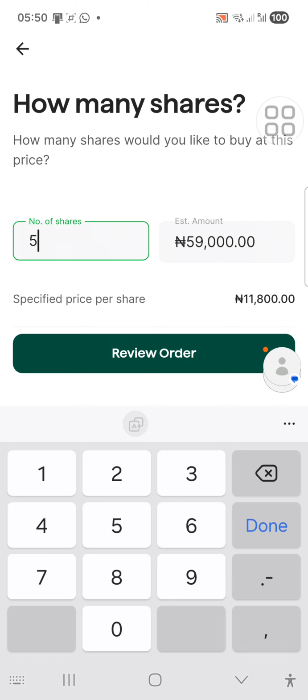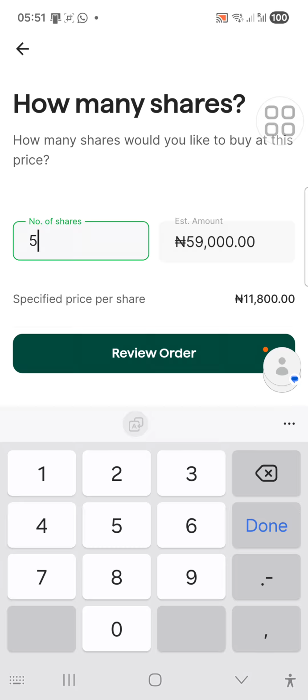And then it tells you that the estimated amount for 5 units of Seplat share is 59,000 naira at the rate of 11,800 per share. So if you buy at 11,800 naira per share and you buy 5 units, you will pay 59,000. And then they will add a small fee on top, whatever that is, maybe 500 naira, maybe 1,000 naira.